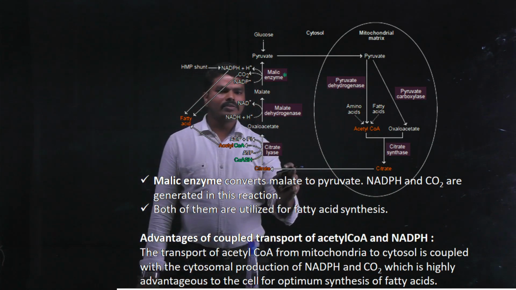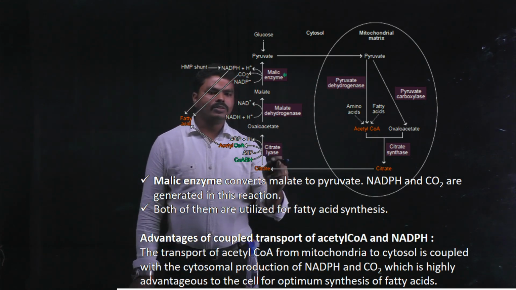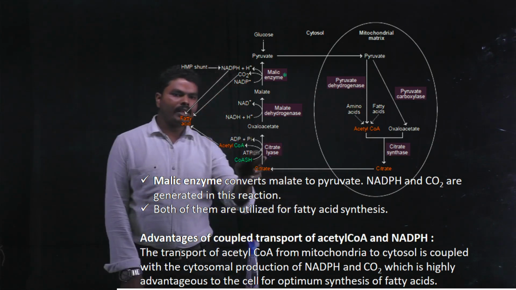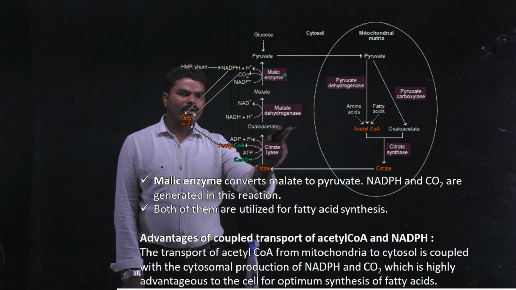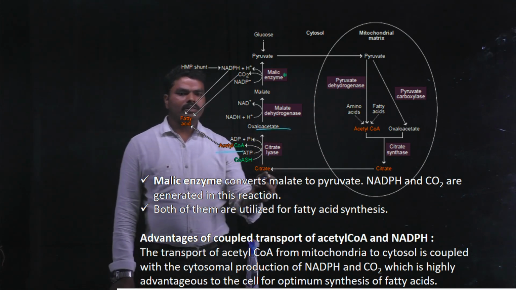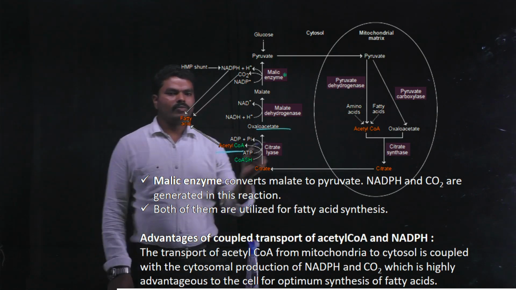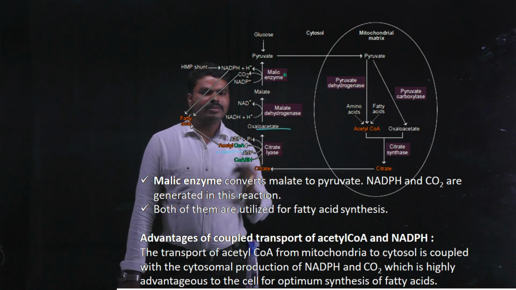When it enters into the cytosol, there is an enzyme system, that is citrate lyase. So it will break this citrate, or it will lyse the citrate to form again acetyl-CoA and oxaloacetate. So the acetyl-CoA and oxaloacetate are again reformed when the citrate lyase acts on the citrate.